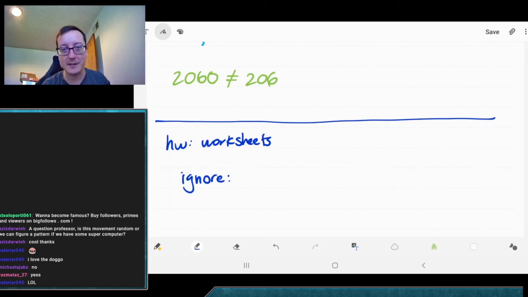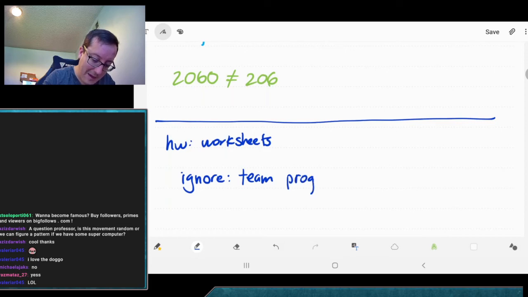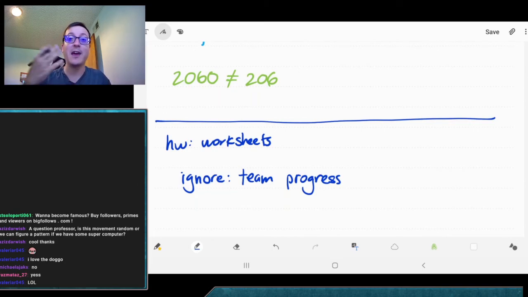It's individual. So we ignore team progress kind of questions. If it's like talk with your team and talk about an important aspect of this worksheet, still do that. If it's still asking you something that you can answer, go ahead. But if it's like how well is your team working together, or does your team have any questions, go ahead and ignore those because there's no team.